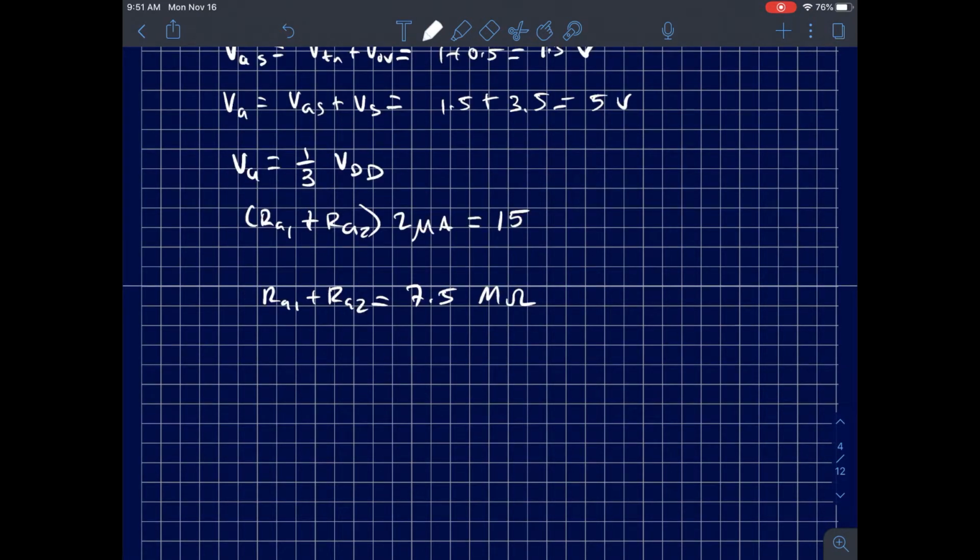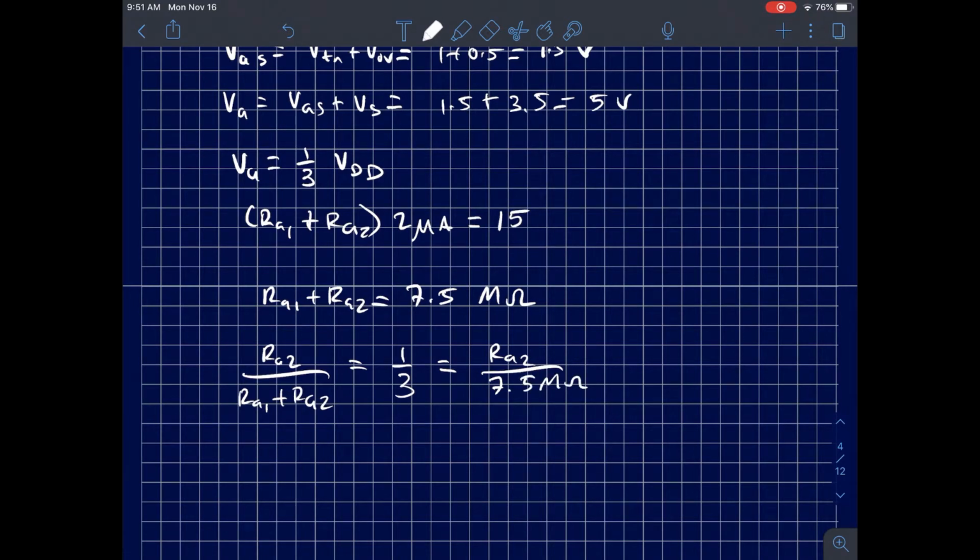Now I also know that since VG is 1/3 VDD, RG2 over RG1 plus RG2 is equal to 1/3, which is RG2 over 7.5 megaohms.